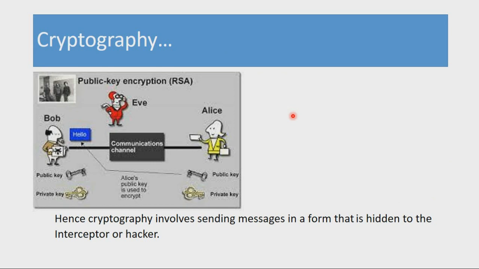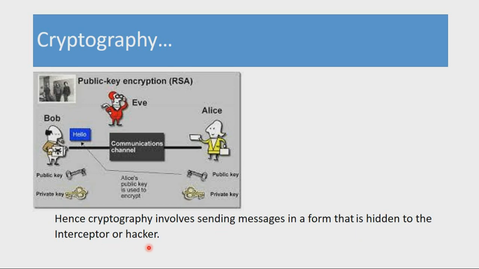If we look at this other diagram, this is simply an enhanced version of the original diagram, and in this diagram we're simply introducing a third party known as Eve. Eve is regarded as a third party interceptor, or an enemy who tries to gain access to the messages that you're sending, which are supposed to be confidential. So cryptography involves sending messages in a form that is hidden to the interceptor or attacker.